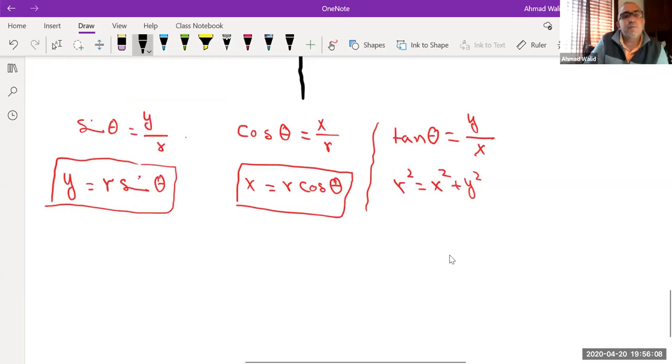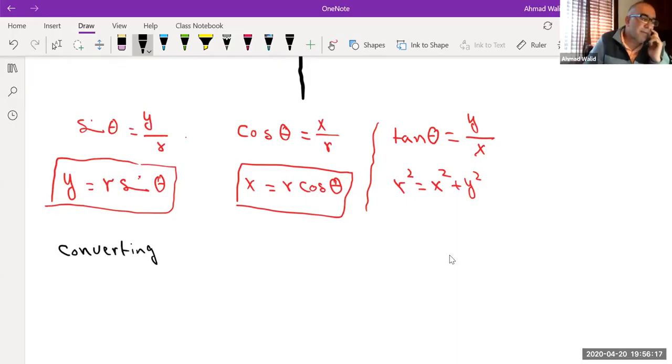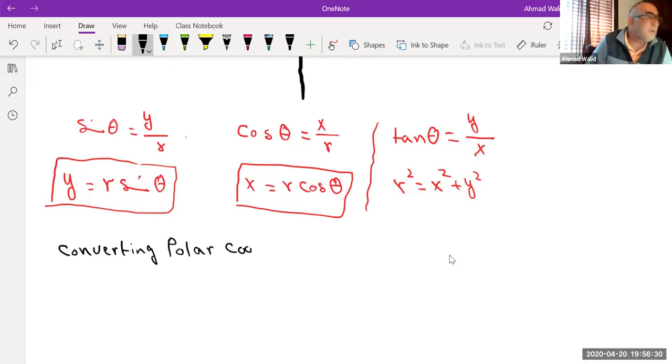Now, let's talk a little bit about converting. Example one. For example, converting the polar coordinates to Cartesian.